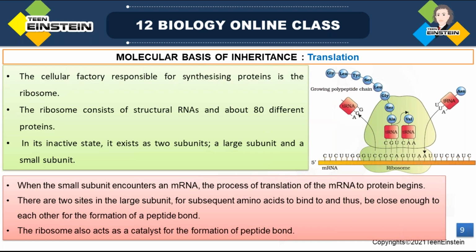There are two sites in the large subunit for the binding of amino acids. When the amino acids bind very near to each other, the formation of a peptide bond is favored, because when they are close enough to each other, the formation of the peptide bond is very easy.